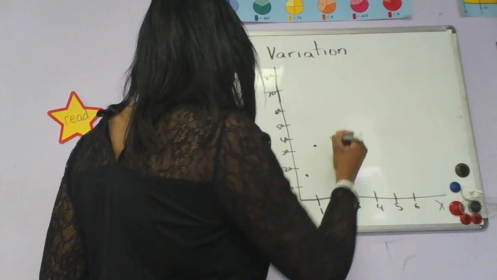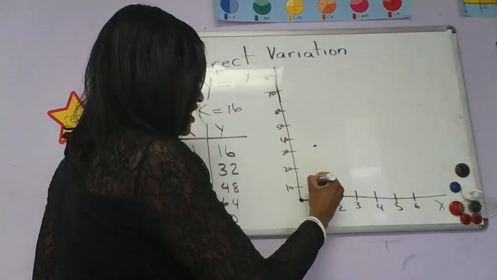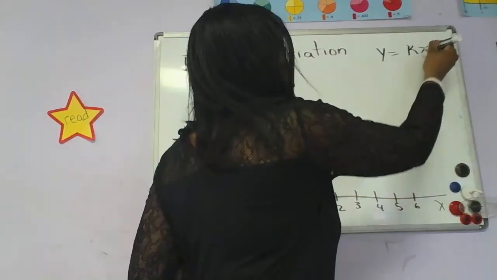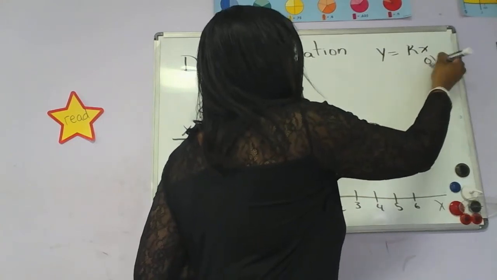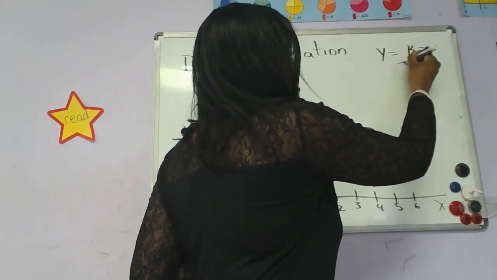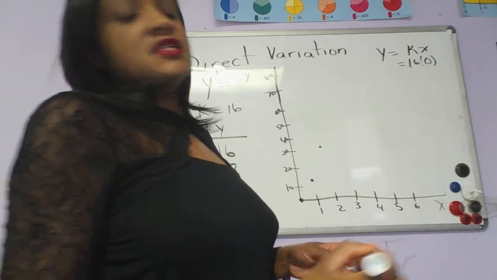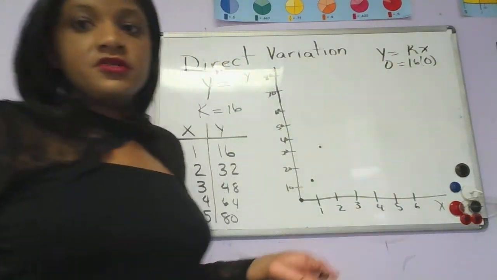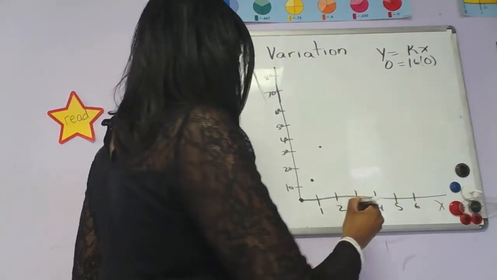So you should get a straight line. So let's see. If x is 0, he does make $16 per hour, but 16 times 0 will still be 0. So it will be 0 in this case.